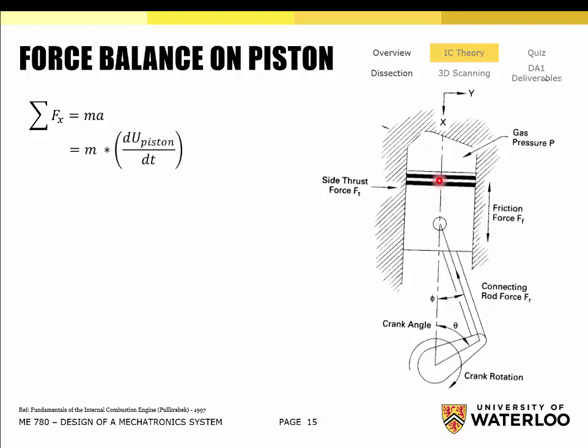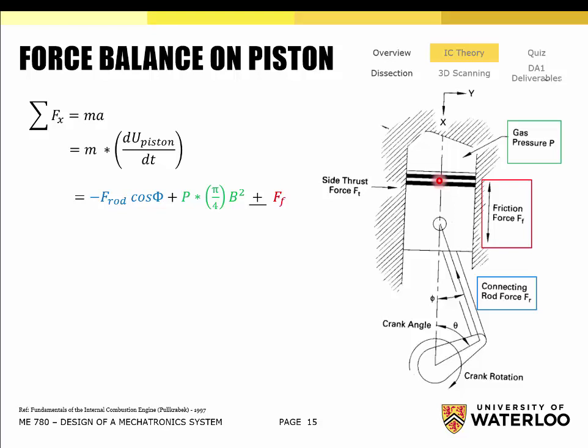The mass is just the mass of the piston, but the acceleration is effectively the rate of the displacement of the piston. So u of piston is just the position of the piston. So the rate of change of the displacement of the piston is the acceleration, okay? Another way you can write this is equal to the sum of the forces.